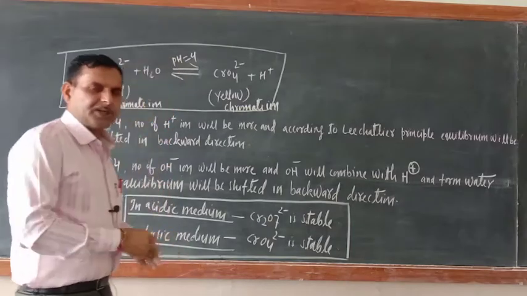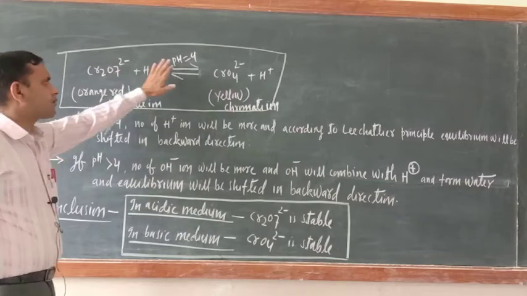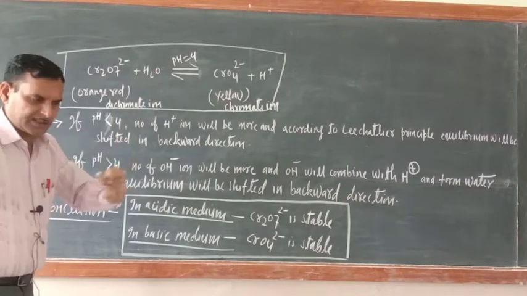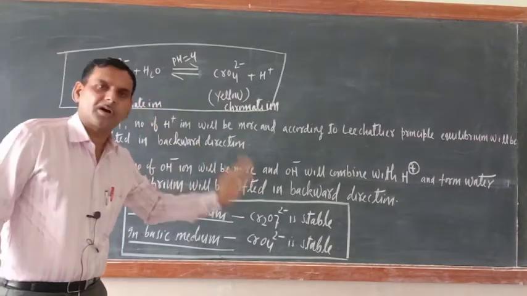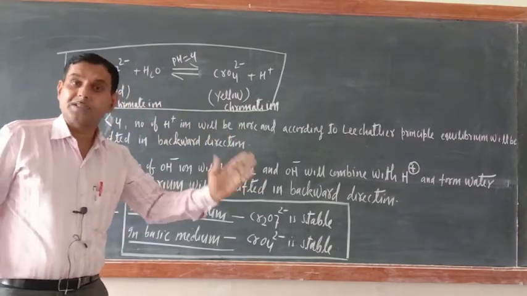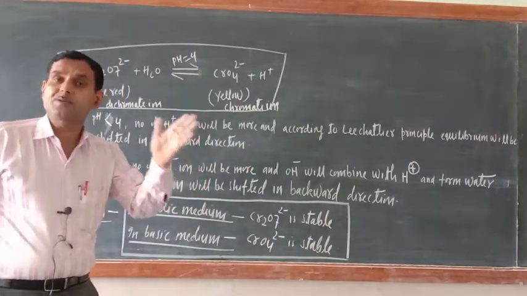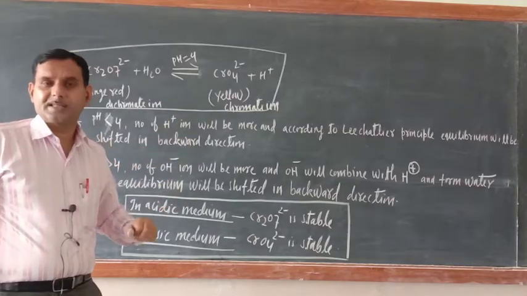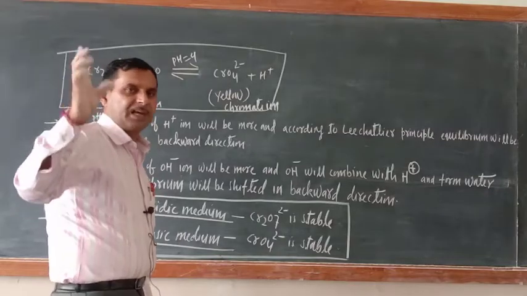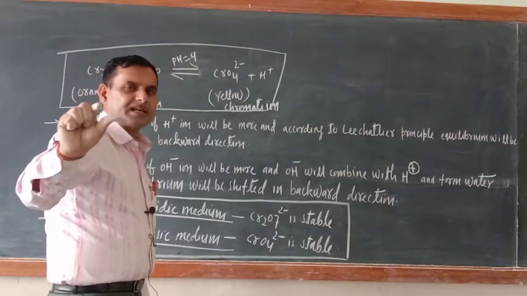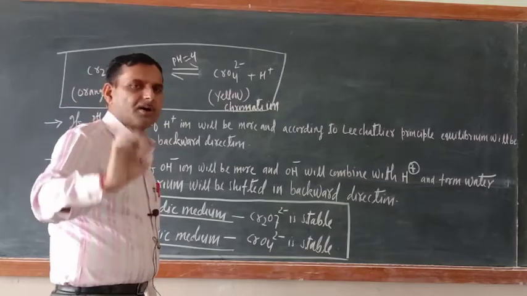But if we are talking of acidic medium, generally there is also a range: from this pH to this pH very strong acid, then strong acid, then weak acid. So up to pH 4 only we consider very strong and strong acidic medium.